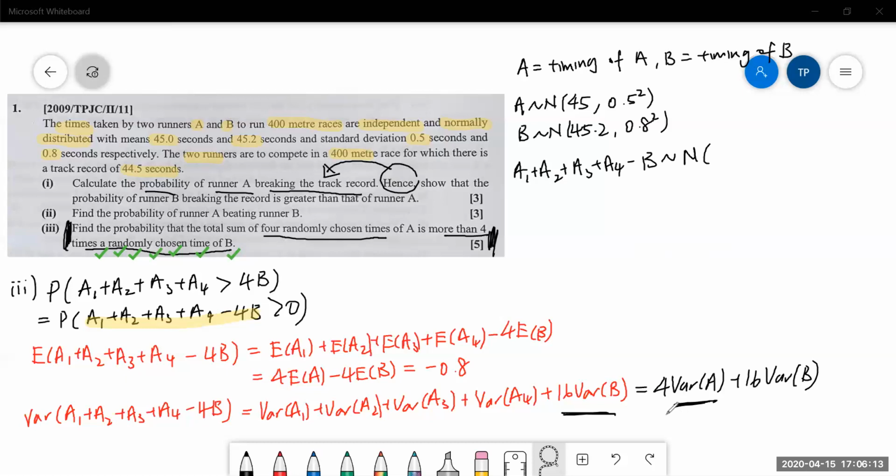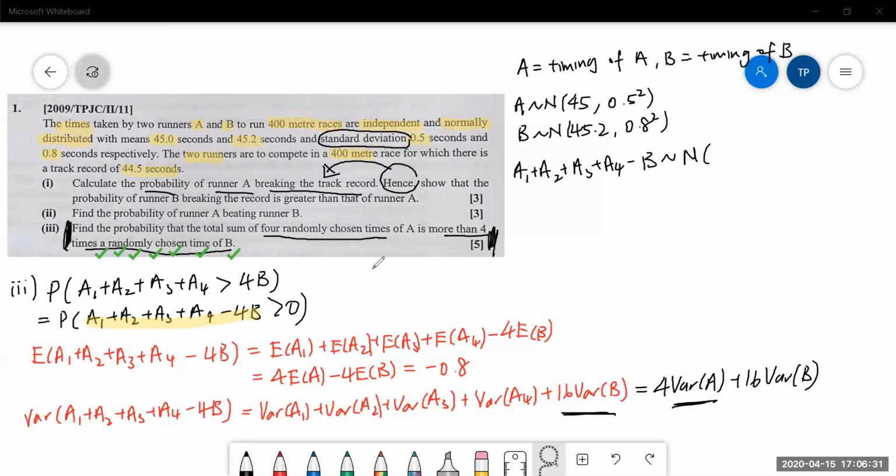What's the variance of A? 0.5. What is 0.5? The standard deviation. Exactly.